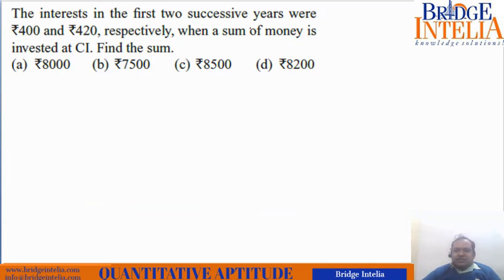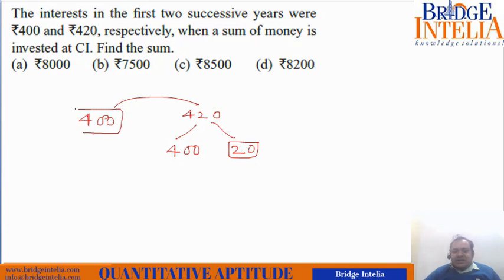The interest in the first two successive years was rupees 400 and 420. So first year 400, next year 420. 420 means 400 you are definitely going to earn. This 20 rupees extra that you are earning is because of interest generated on this. So find the original sum. Let the original sum be P. You are earning 20 rupees because you have deposited rupees 400.